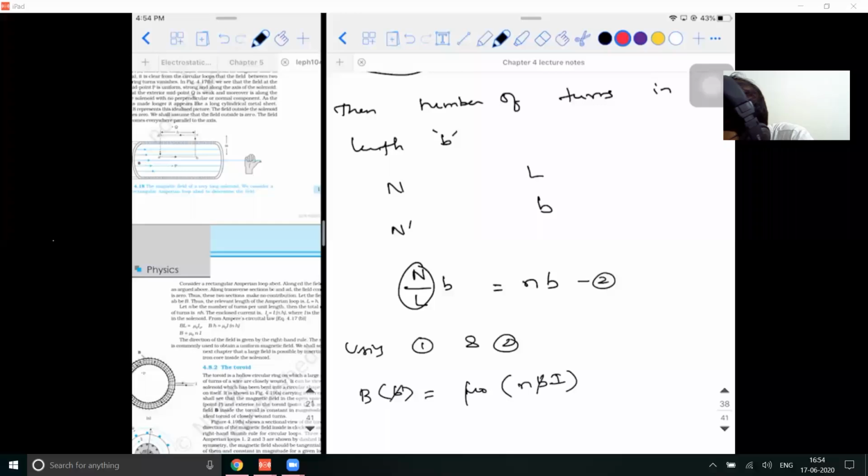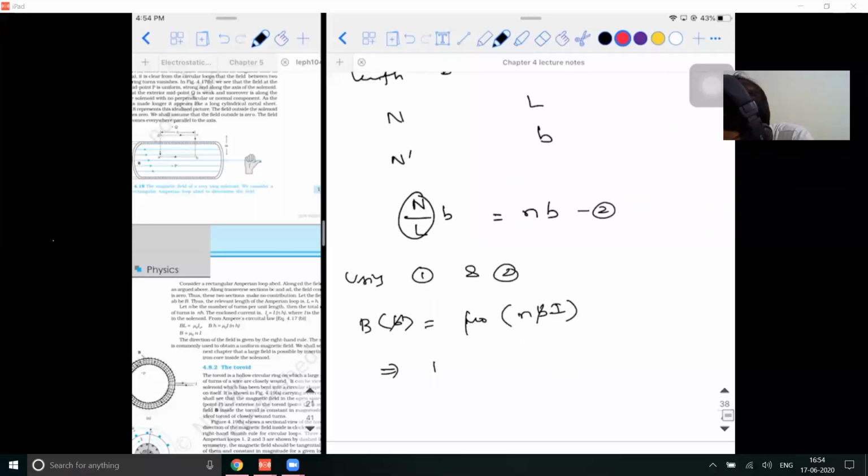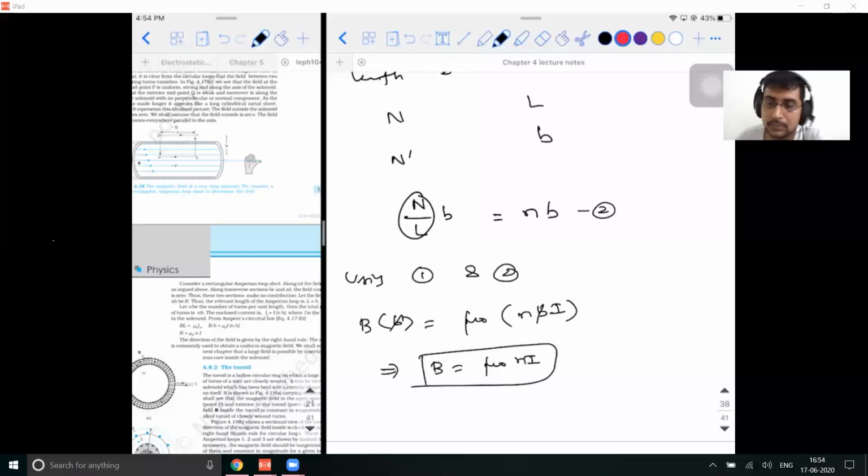So b and b will get cancelled, which implies B will be equal to mu naught into n into I. This is the expression. This is the magnetic field due to a solenoid, inside it. Just make a note of it. B is equal to mu naught n I. I'll start with this concept again because it is very important.